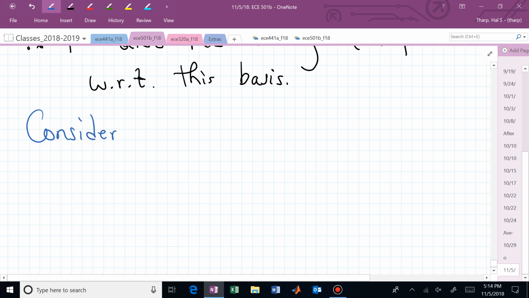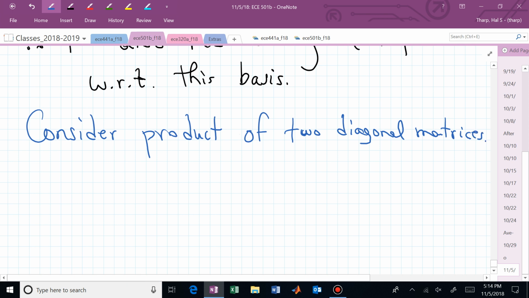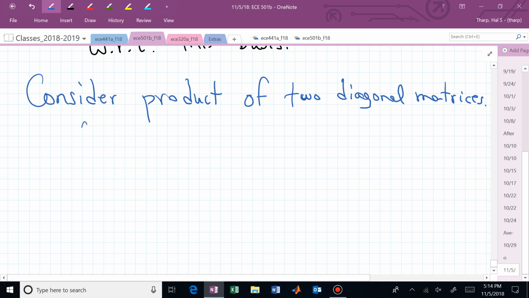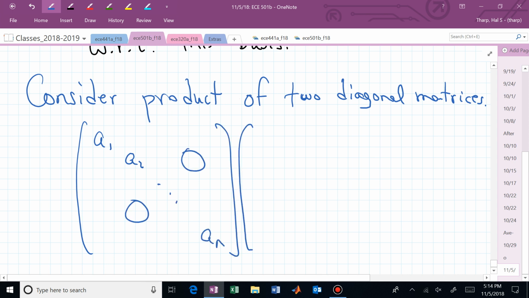Now let's put this into some more concrete understanding by looking at the product of two diagonal matrices. Suppose that I now have A1, A2, through AN, and I have B1, B2.